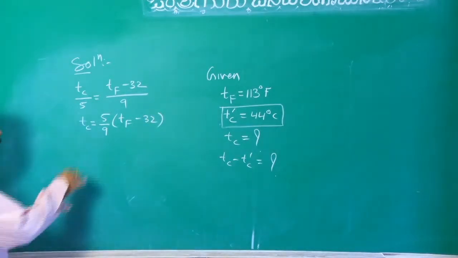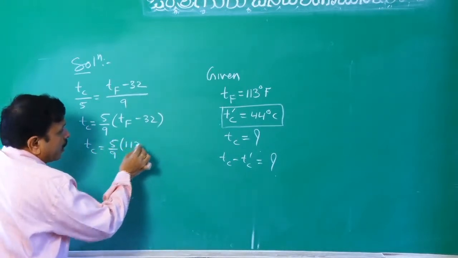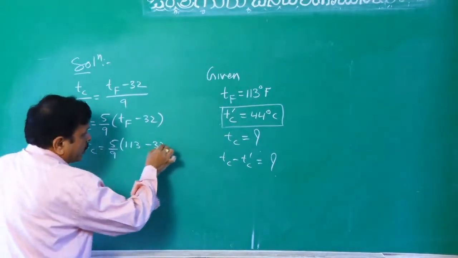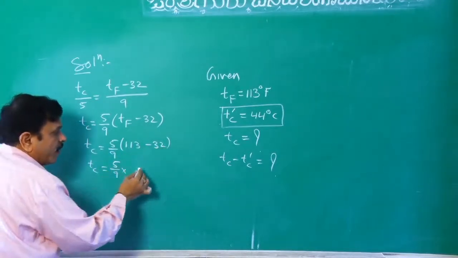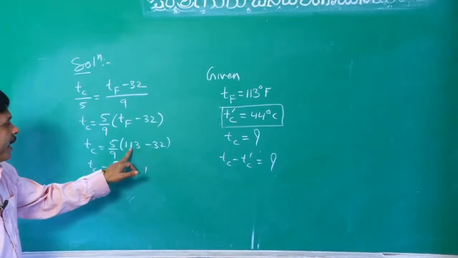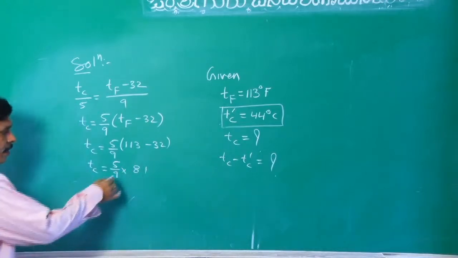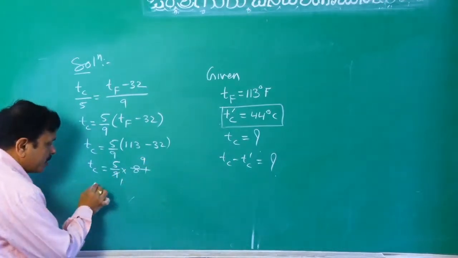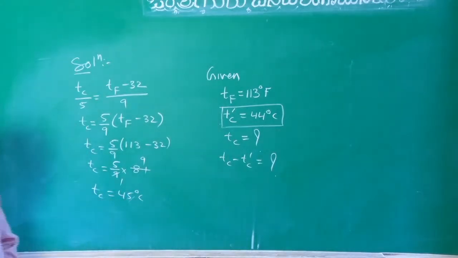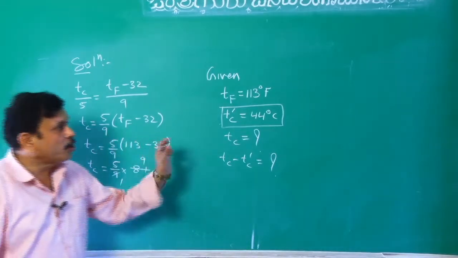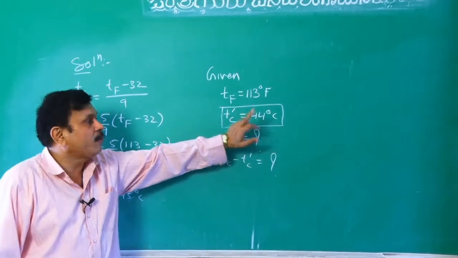Tc is equal to 5 by 9 into (113 minus 32). Now this can be written as 5 by 9 into 81, since 113 minus 32 is 81. Nine nines are 81, so Tc is equal to 45 degrees Celsius. Actually, we should get 45 degrees Celsius in that scale, but the faulty scale is measuring 44.